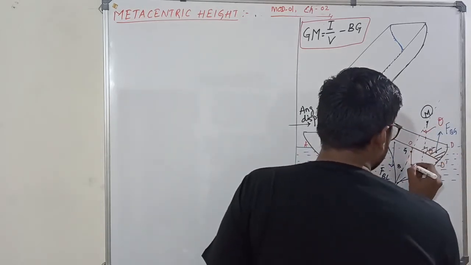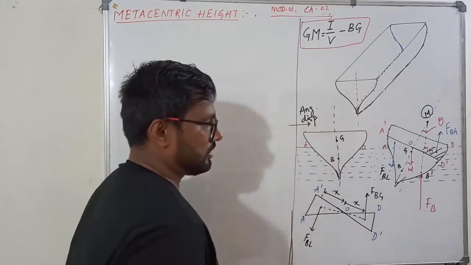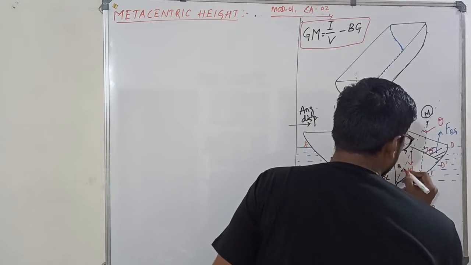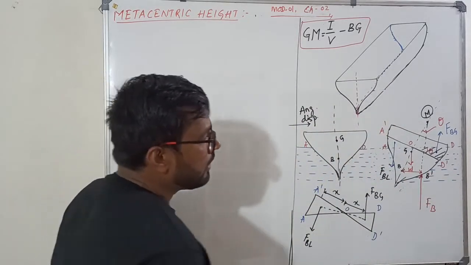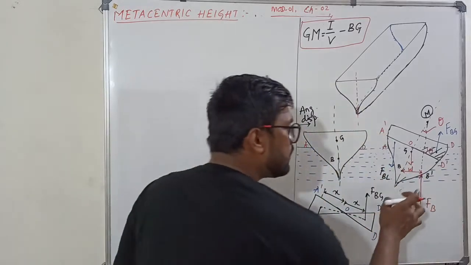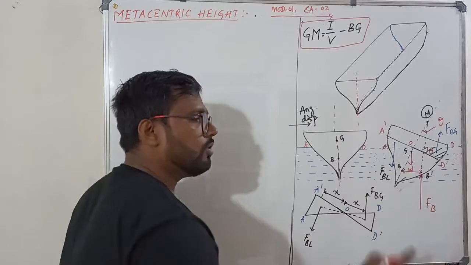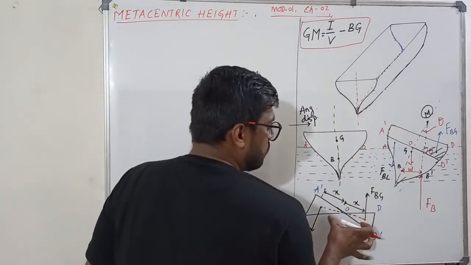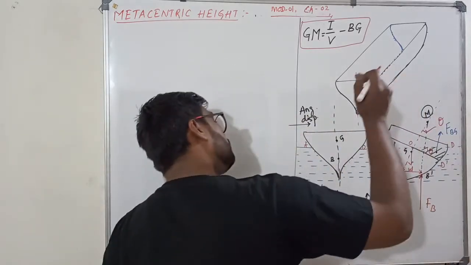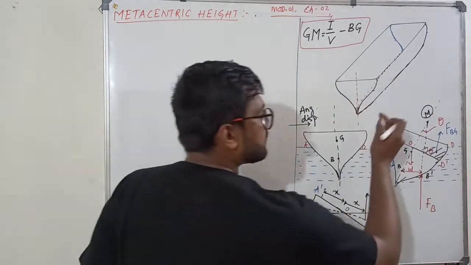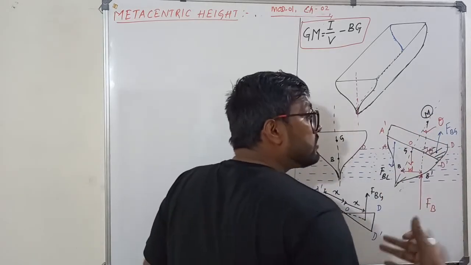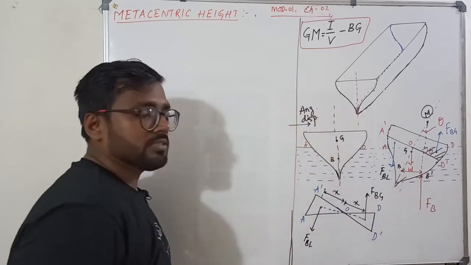This is your G, where W, the entire mass of the body, is concentrated. This FB is acting at a distance of BB dash. The value of this couple generated by the buoyancy force must be equal to the value of the couple produced by gain and loss of buoyancy, the couple change because of the shift in the center of buoyancy.